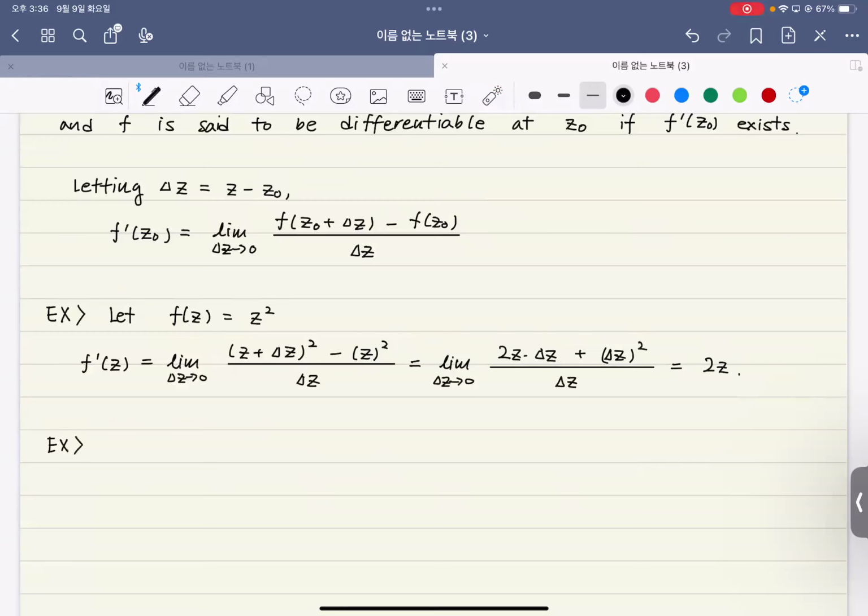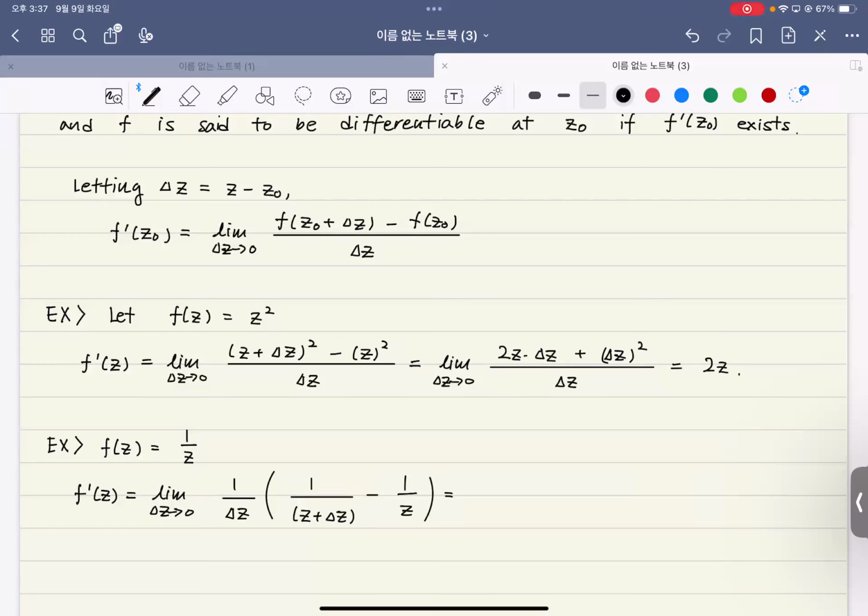Just one more example. This time, I will say f of z is 1 over z. Then f prime of z is, well, this is a very tedious computation, 1 over delta of z and everything over 1 over z plus delta of z minus 1 over z.